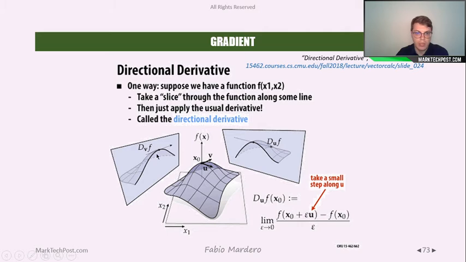We compute the derivatives with respect to the usual axes, and this leads us to the usual gradient. But then we have to adjust this gradient with respect to the direction in which we want to compute the directional derivative.